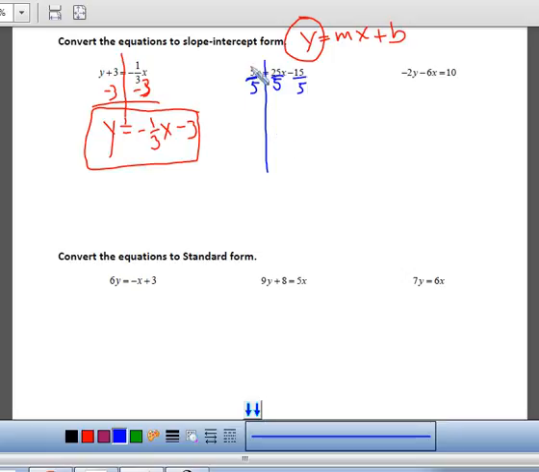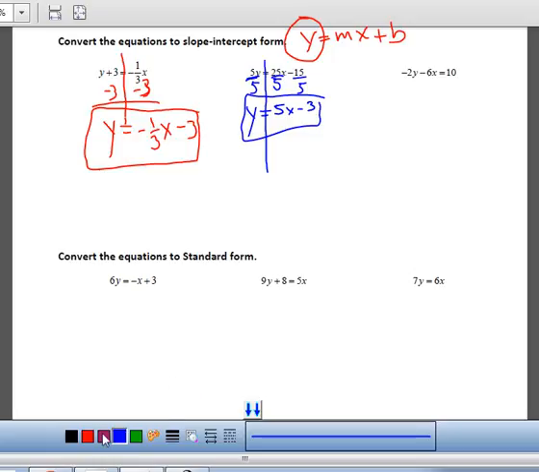So watch what happens. 5y divided by 5 is y, so I got my y isolated, equals 25x divided by 5 is 5x, and minus 15 divided by 5 is minus 3. And we're done with the second one.